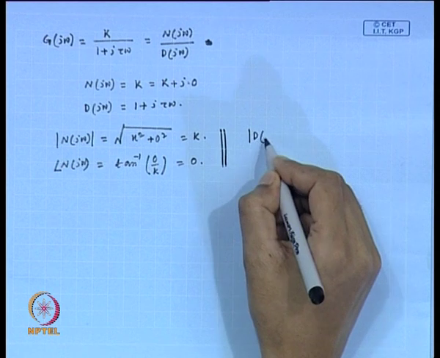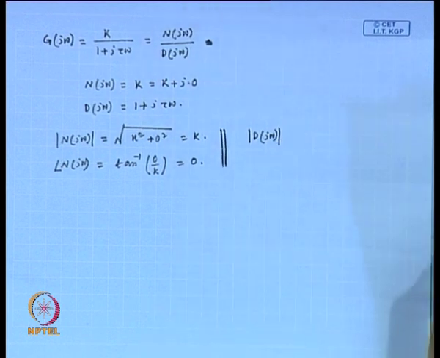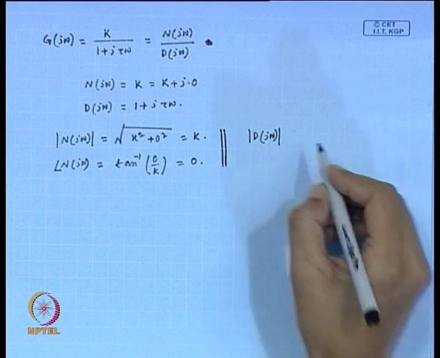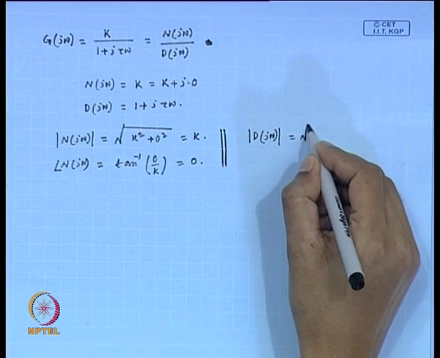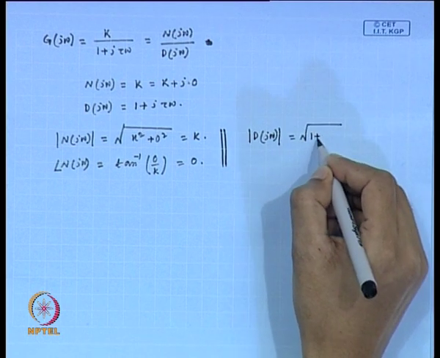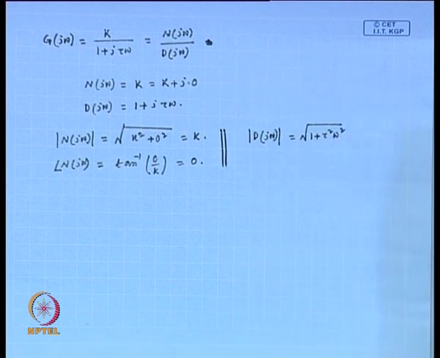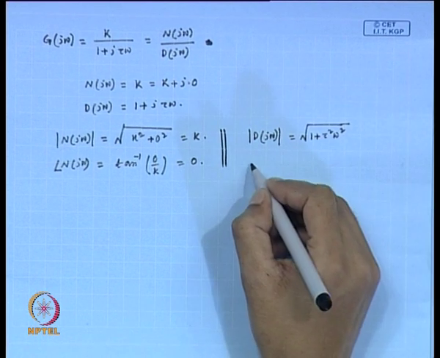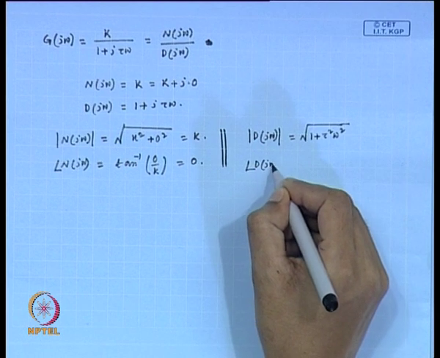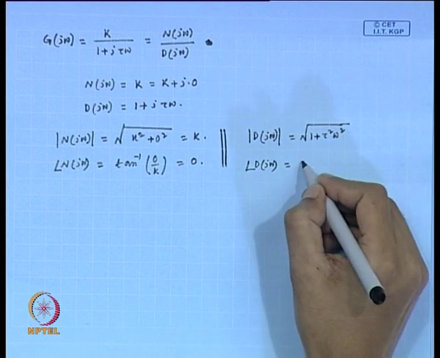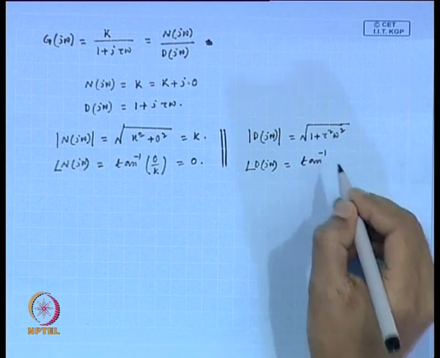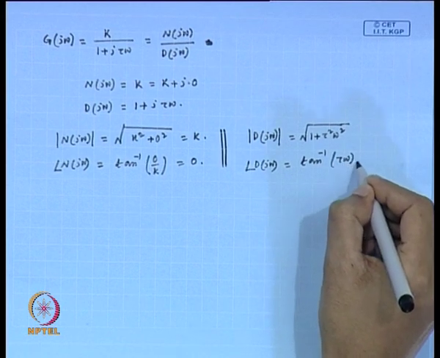Similarly, for the denominator, we obtain the magnitude as 1 plus tau square omega square, agree? The real square plus imaginary square whole to the power half, and the argument is equal to tan inverse tau omega.